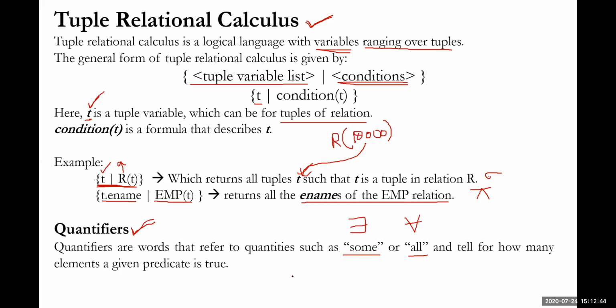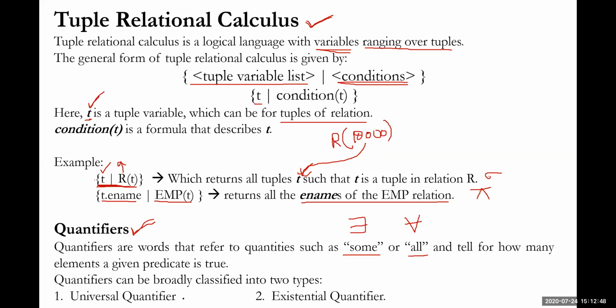Let us have a look here. Quantifiers are of two types. Number one, universal quantifier, which is for all, and existential quantifier, that is there exists. These two are also pretty important while talking about tuple relational calculus.